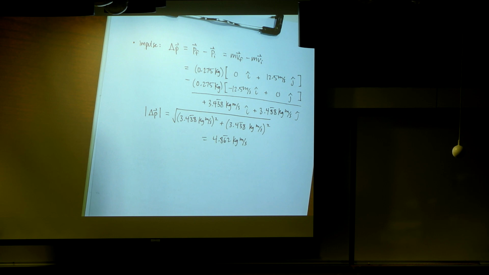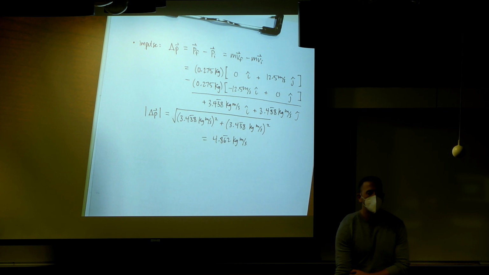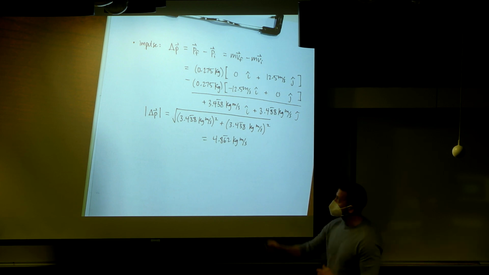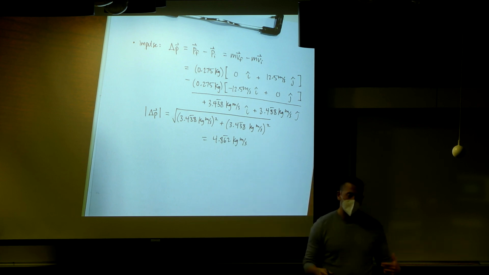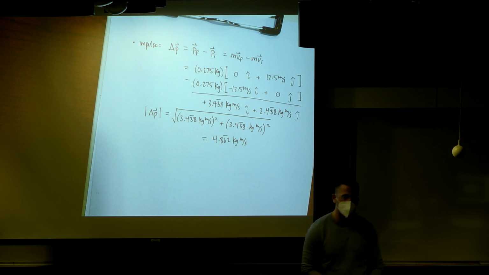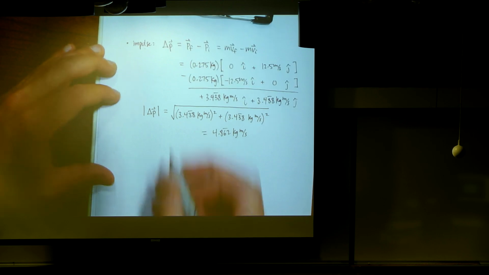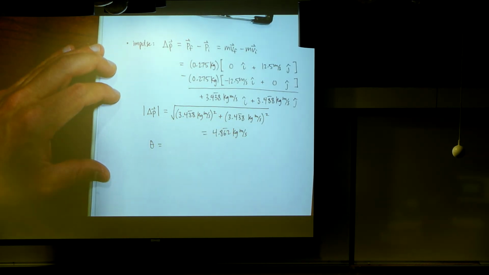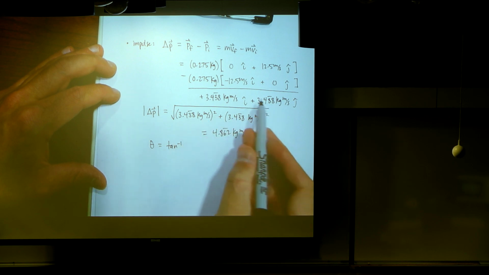Can anyone see what the angle would be for this vector? 45. Yeah, this vector is at a nice 45-degree angle because it's in the first quadrant, because both x and y components are positive, and the x and y components are the same thing, so that's a 45-degree angle. But again, if you wanted to just calculate it, you would say the angle I'm looking for is the inverse tangent of y divided by x.